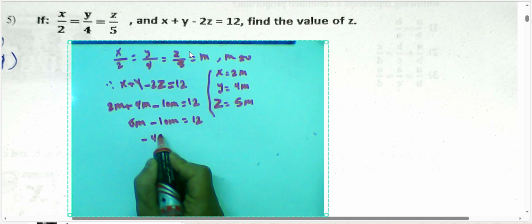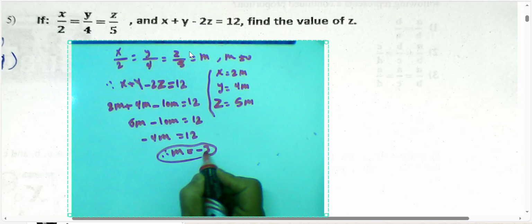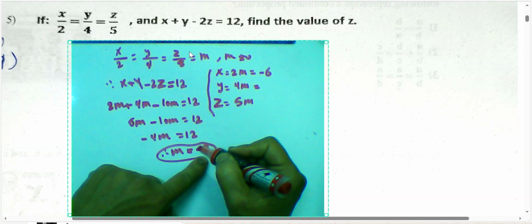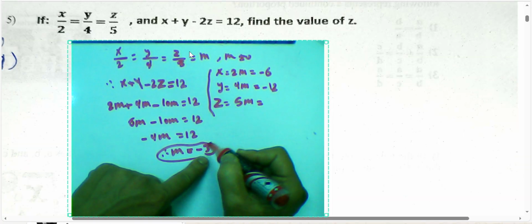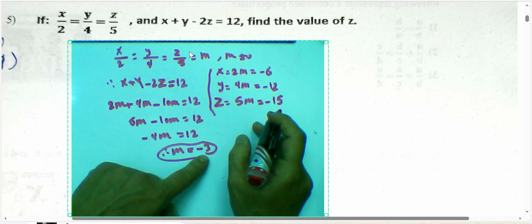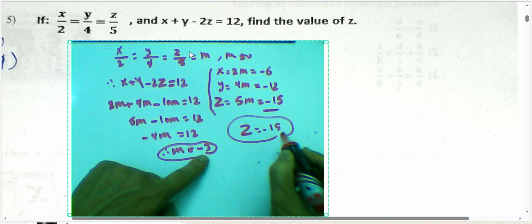Then we have negative 4M equals 12. The value of M, 12 divided by negative 4 is negative 3. The value of X equals 2 times negative 3 is negative 6, and 4 times negative 3 is negative 12, and 5 times negative 3 is negative 15. The value of Z will be equal negative 15.